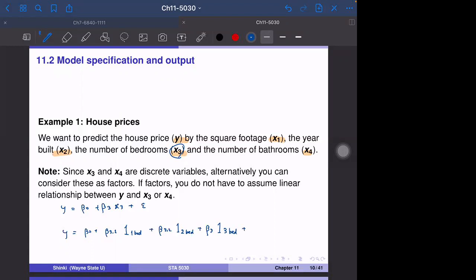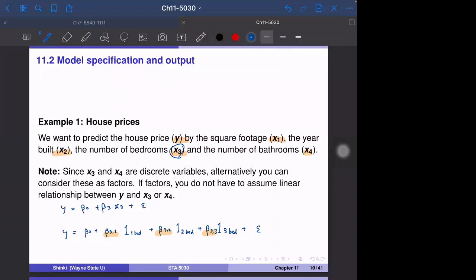Suppose we only have up to 3 bedrooms, then we can do this. Then the relationship between the number of bedrooms and the parameter doesn't have to be linear. So beta 3(2) is not necessarily twice as large as beta 3(1).